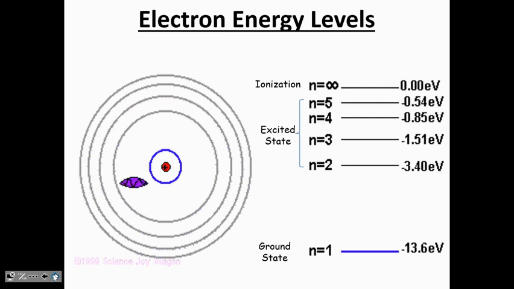So the electrons themselves don't exist in between the energy levels. They make an immediate jump from one energy level to the next. The size of that jump depends on the energy of the photon either absorbed or emitted.